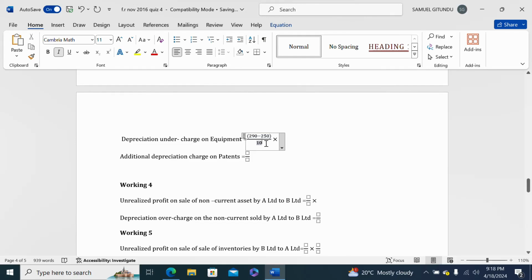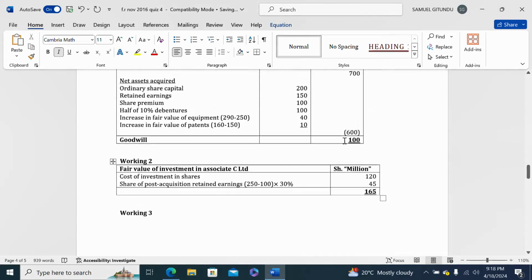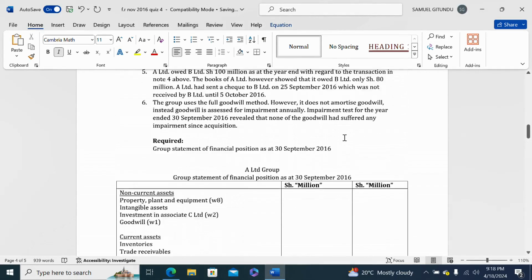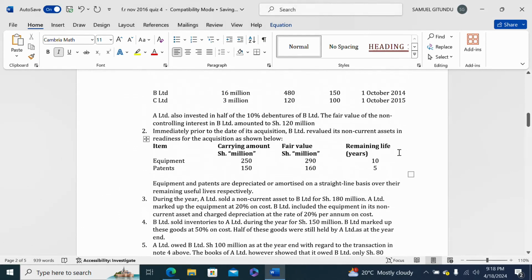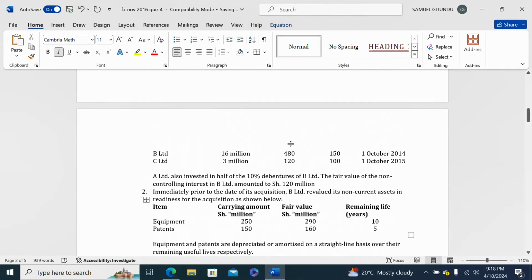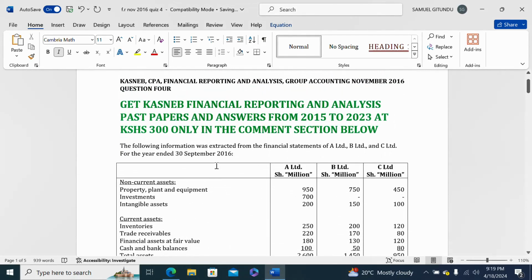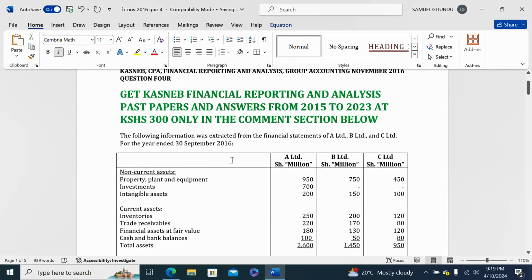And then we check when this was, we see that B Limited was acquired on 1st October 2014, and we are consolidating our financial statement on 30th September 2016.